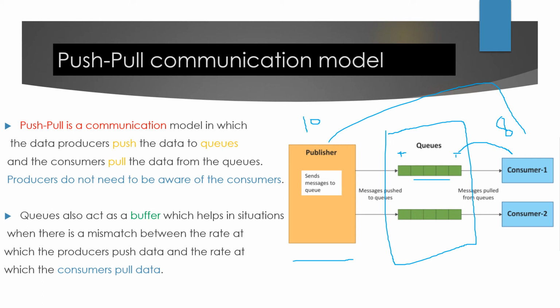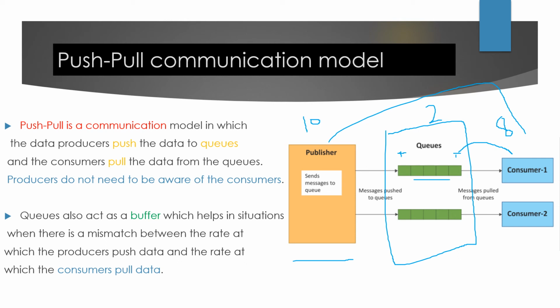That difference of 2 kilobytes is managed by the queue, as it is acting as a buffer. For that time period it will be storing the data. So it is basically helping the publisher and subscriber to maintain their data rates. This is how the typical push-pull communication model works.